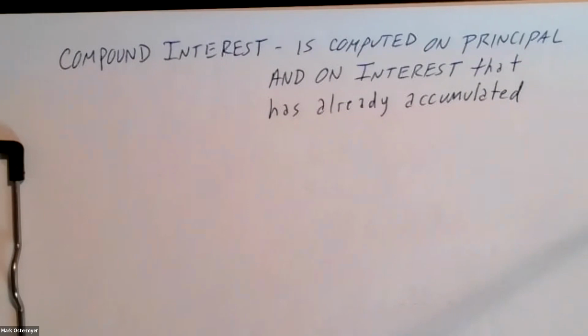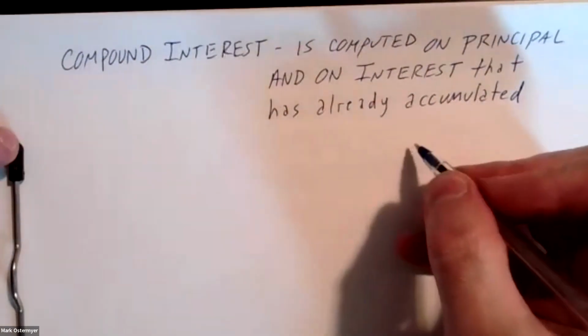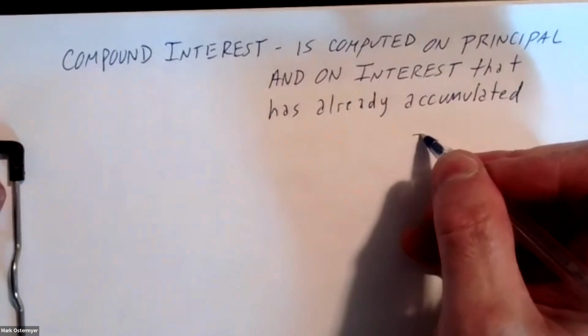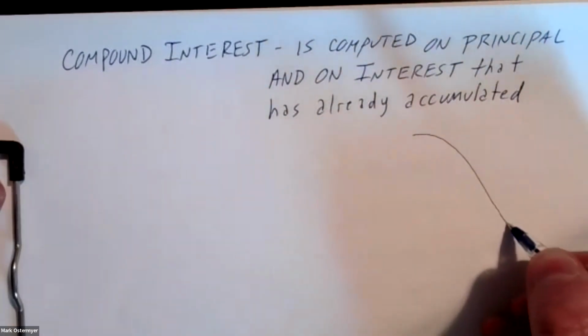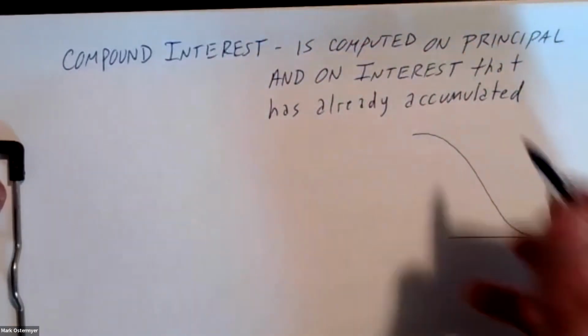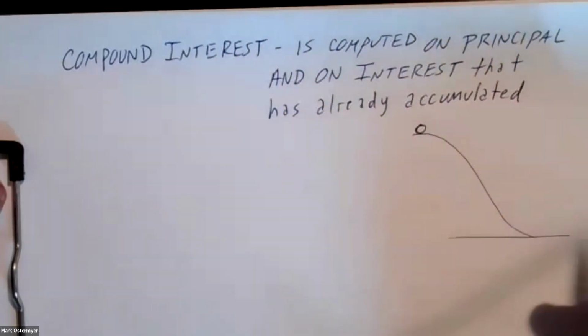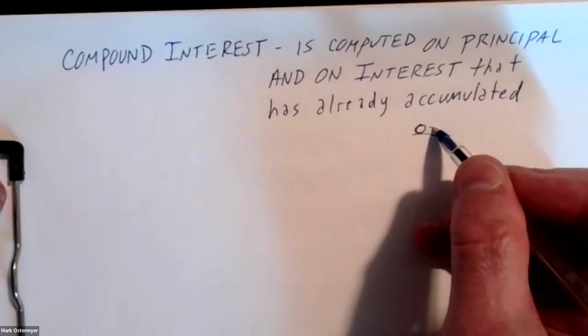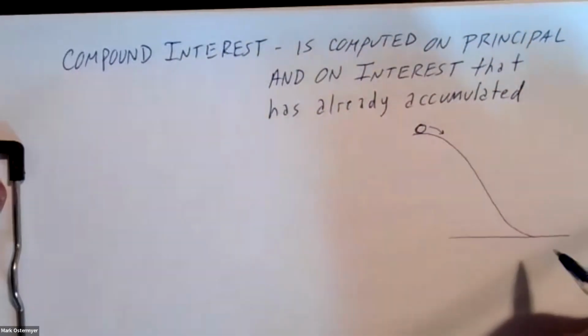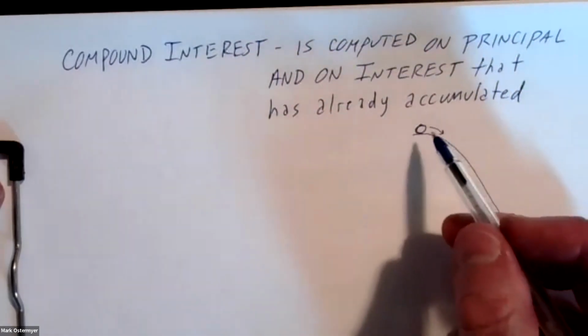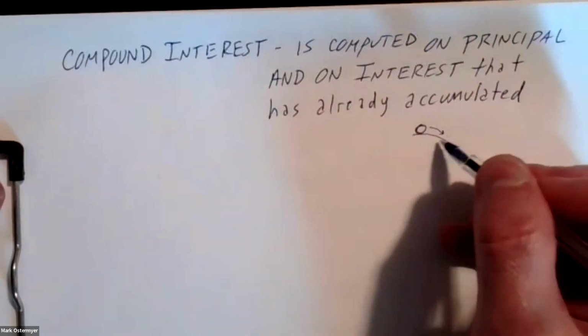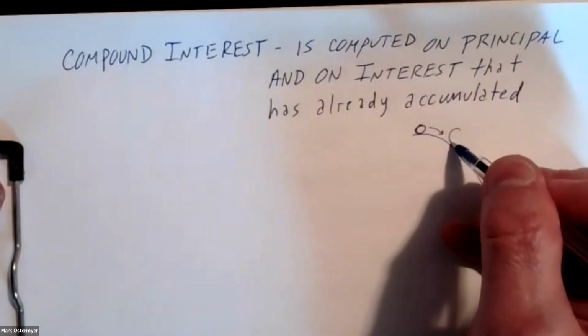The analogy I like to use for compound interest is, suppose we have a hill of snow, and at the top of the hill of snow, we make a small snowball, ladies and gentlemen. And then we let that snowball start to roll down the hill that's covered with snow. Do you agree as the snowball rolls down the hill a little bit, it's going to pick up more snow and become what, bigger?